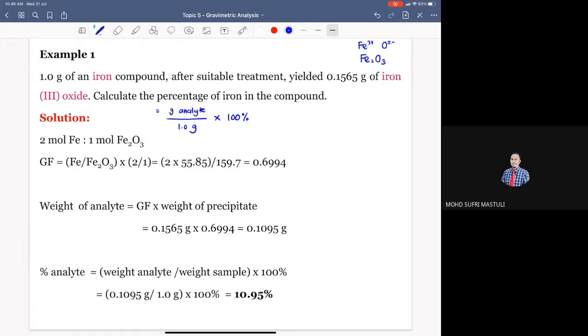So we know the iron compound is treated to form the iron oxide. So you can write Fe converted into Fe2O3.